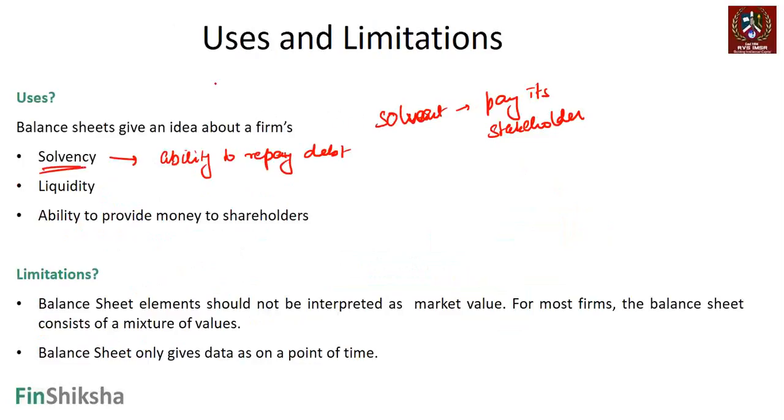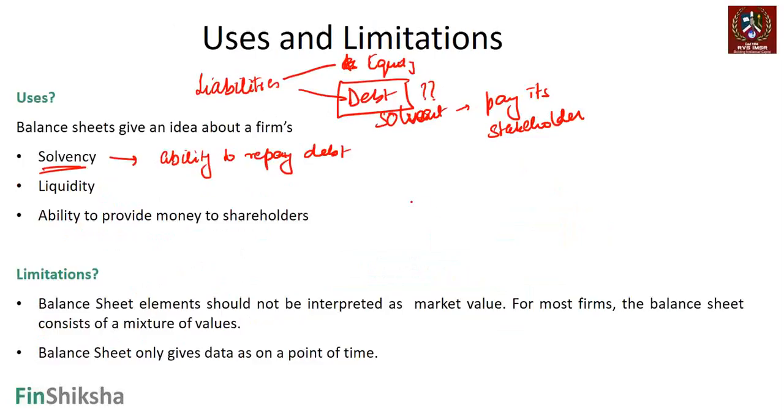Solvency is available because it tells us how much of the liabilities we can look at, and liabilities are going to be constructed by the equity and the debt. So it tells us how much is the debt component of the overall liabilities. Are the assets enough for the firm to be able to repay all the liabilities?